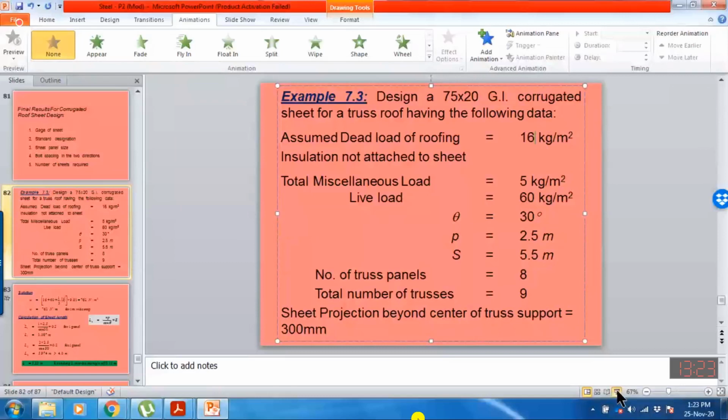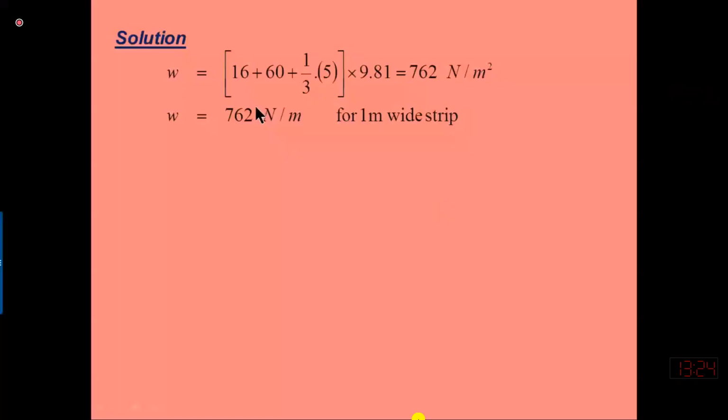So 60 is the live load plus 5 is the miscellaneous load. I am only considering 1/3 of the miscellaneous load, just like in the purlin, where we considered half of the miscellaneous load. Miscellaneous means total clamps, washers, nuts, and bolts. This miscellaneous load is for the entire truss system.